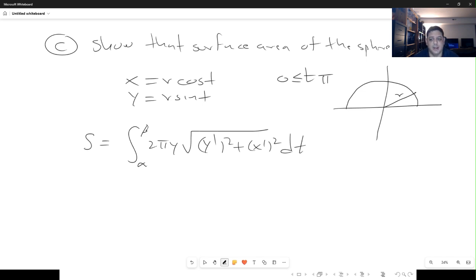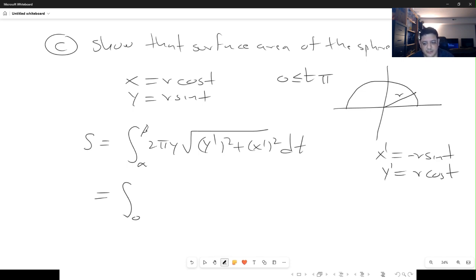So because we need x prime, this is going to be minus r sine of t, and y is going to be r sine of t, and y prime is r cosine of t. And then of course we check the values.